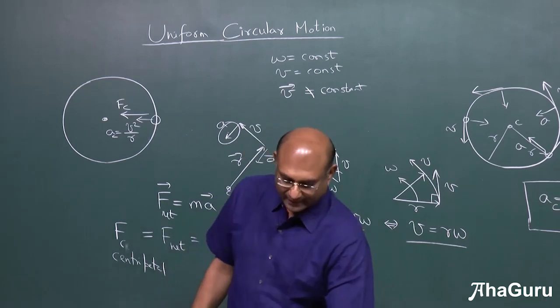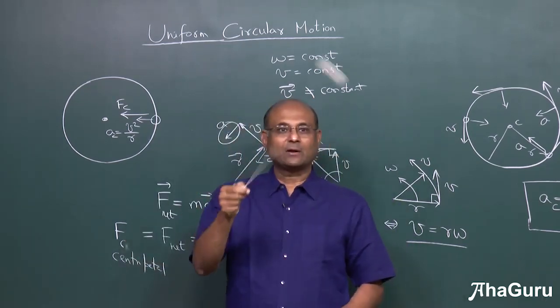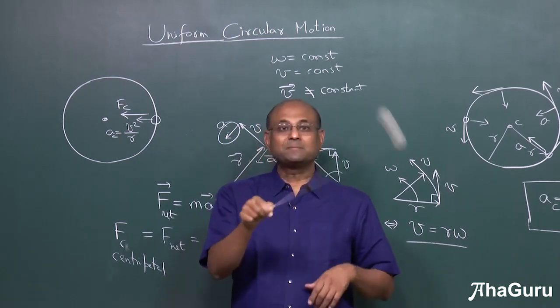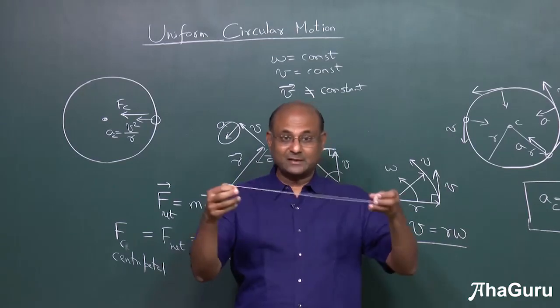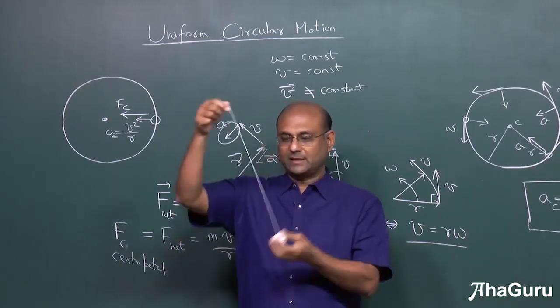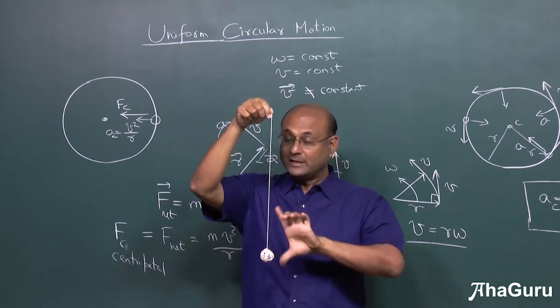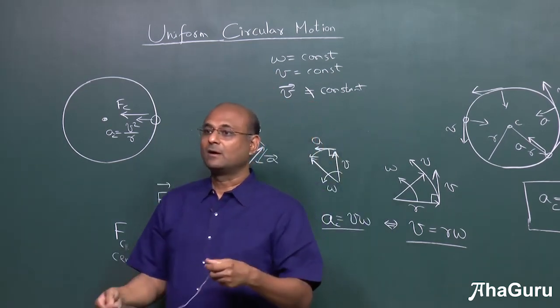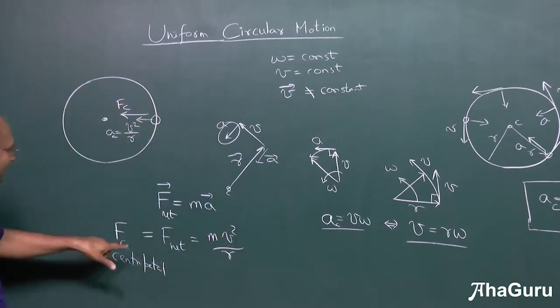Like for example, if I took this ball and I swing it around like this, what is making this guy go in a circle is the tension force and gravitational force. Tension, and when it's like this, the tension is this way and the gravitational force is that way. These two forces together is what? Together. Remember that the net force is what we call centripetal force.